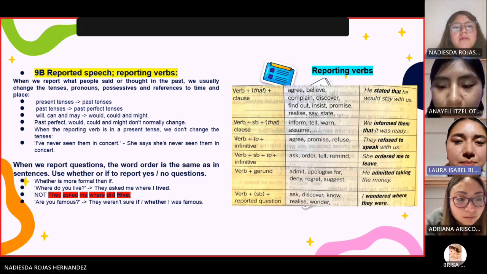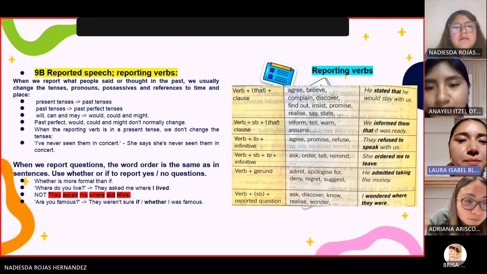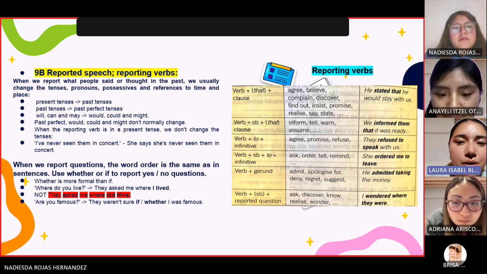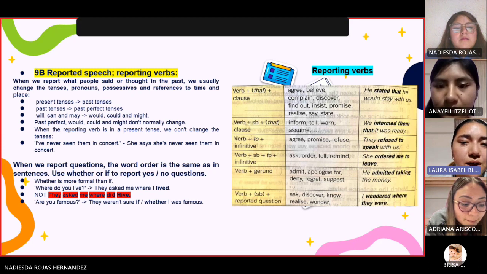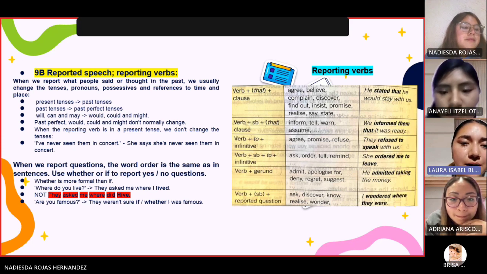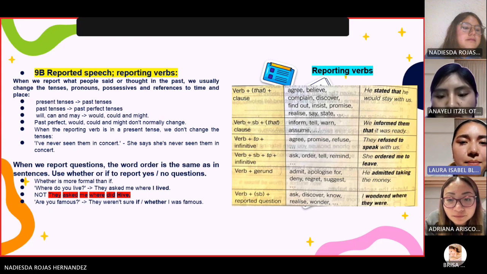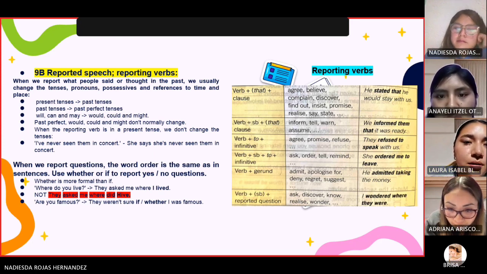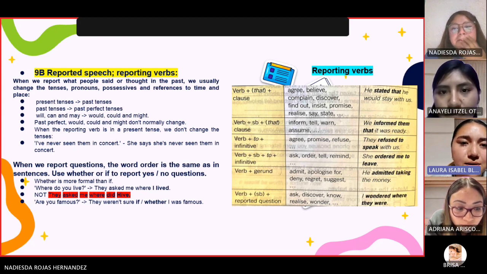Reported speech, reporting verbs. When we report what people said or talked about in the past, we usually change the tenses, pronouns, possessives, and references to time and place. Present tenses, past tenses, past perfect tenses.